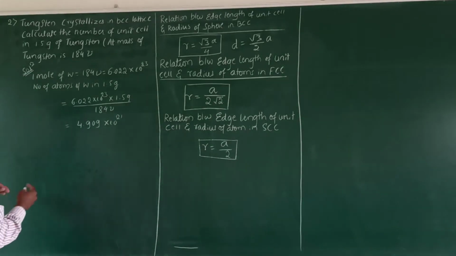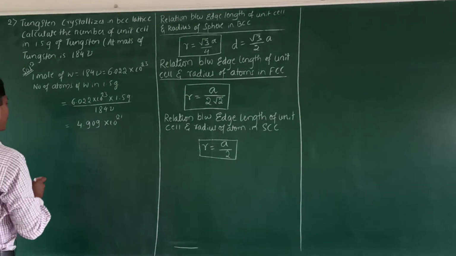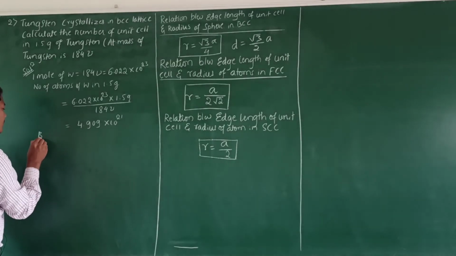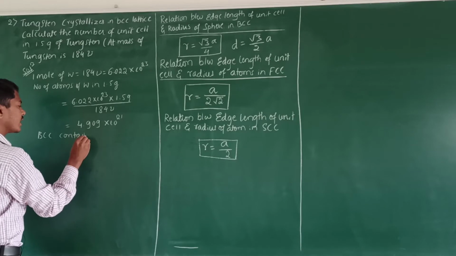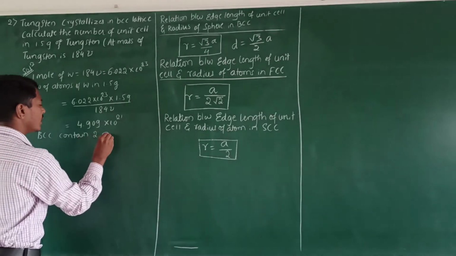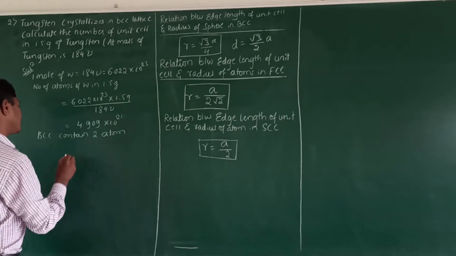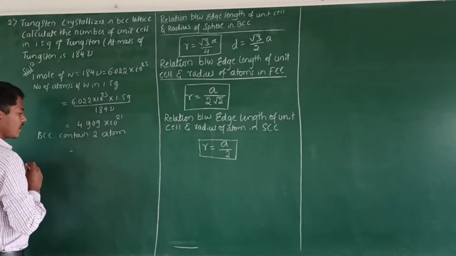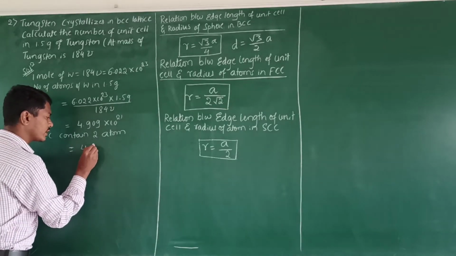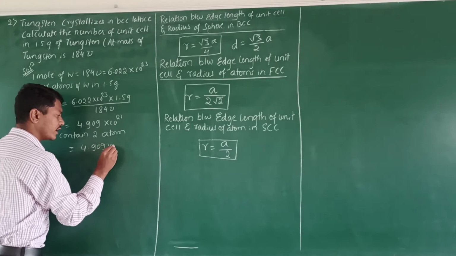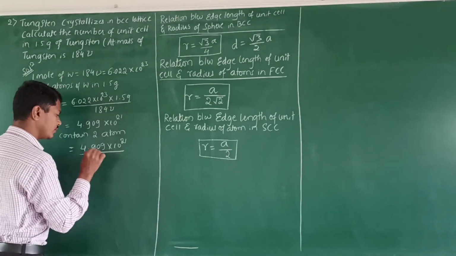But we want to calculate how many unit cells are present in this. BCC contains how many atoms? BCC contains 2 atoms, isn't it? Then its unit cell is 4.909 into 10 to the power 21 divided by 2.